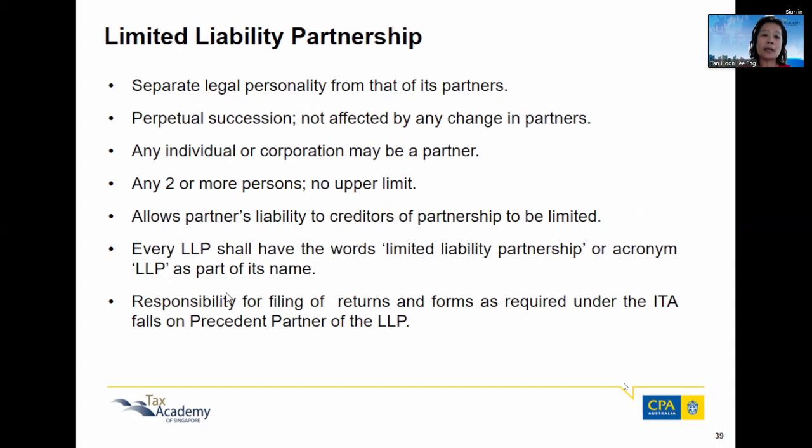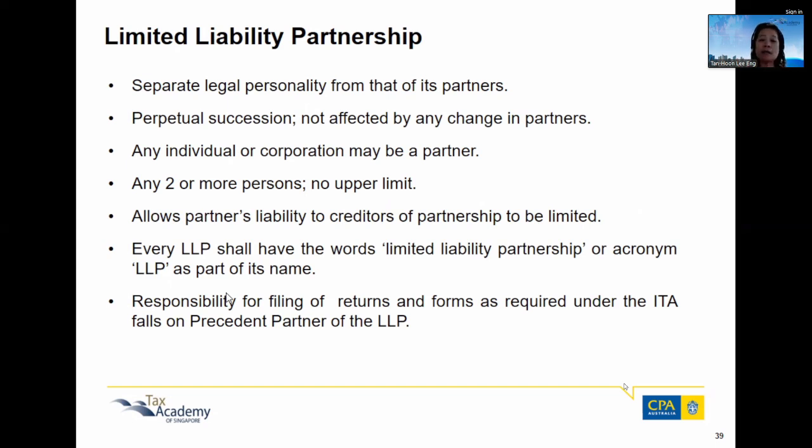And this part allows partners' liability to creditors of the partnership to be limited, because they're limited partners. Limited partners, as I mentioned just now, are liable to the partnership up to the amount of their contributed capital. For that reason, we will have to apply some restriction, which will be in the later slides. In the case study, we will see how we are going to do the restriction.